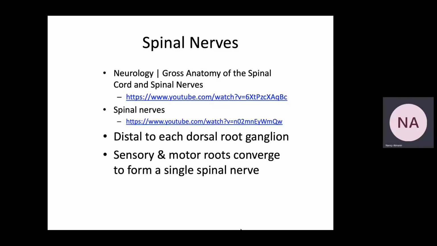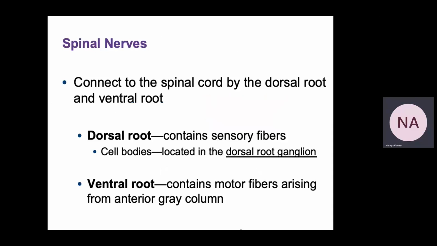You will remember that there will be both dorsal and ventral roots, which are associated with the spinal cord. The dorsal root is going to be carrying sensory information. The ventral root carries motor information. Those roots converge to form a single spinal nerve. And we just went over this. Remember that the cell bodies for the dorsal root are located in the dorsal root ganglion.